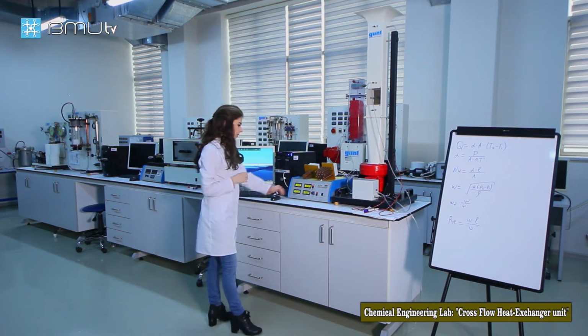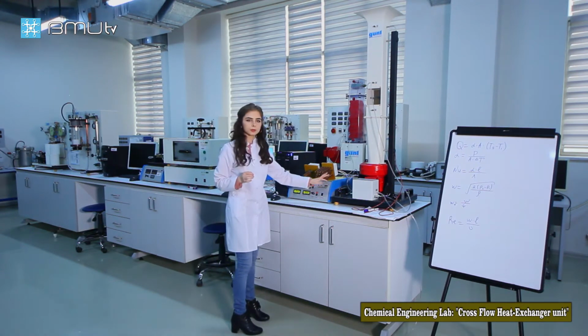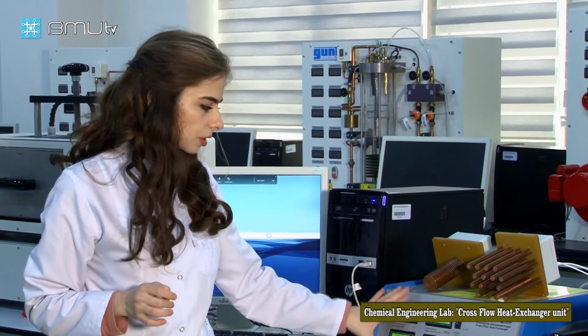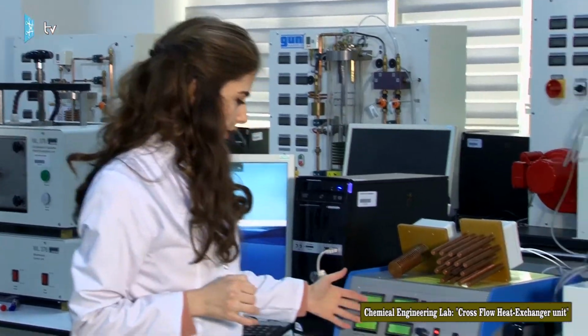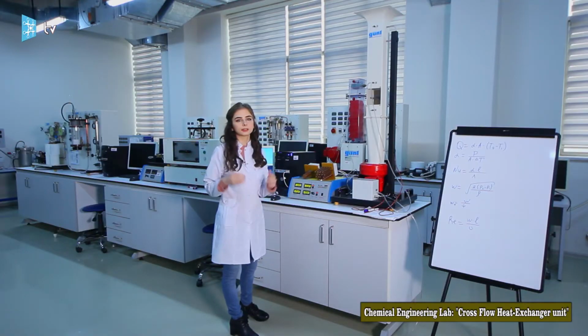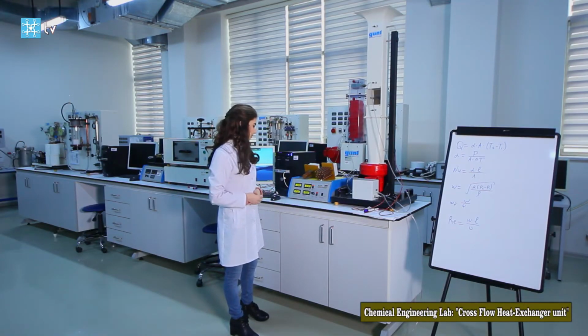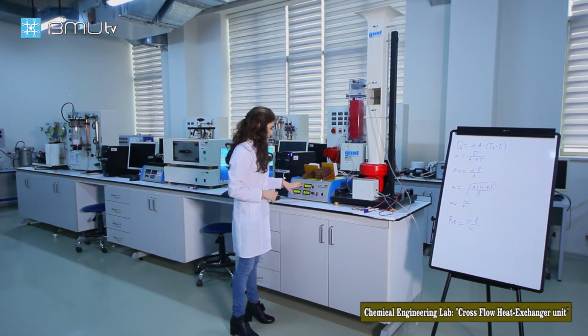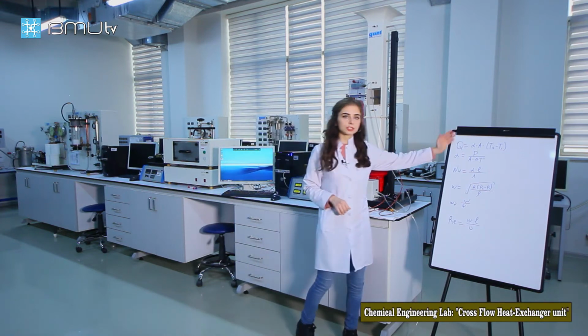At the same time, in our experiment, students will take these records and calculate their own results. They will find their Nusselt number, Reynolds number, and flow rate by themselves, using these equations.